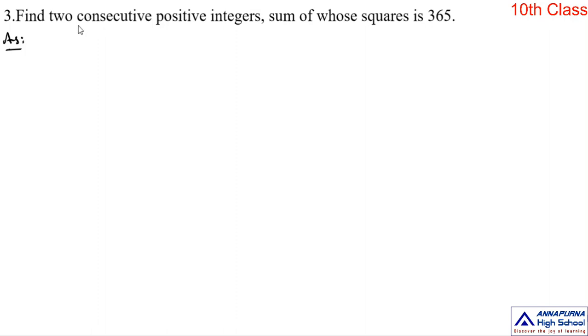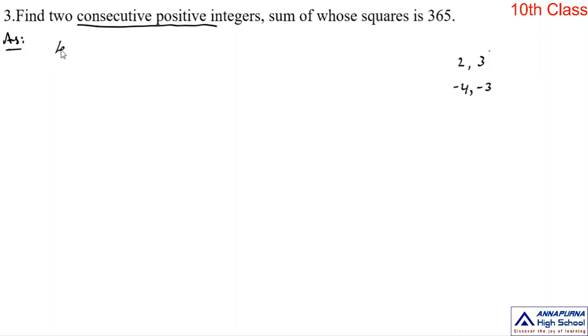Here consecutive positive integers means continuous integers. That means if one integer is 2, then another integer is 3. If one integer is minus 4, then another integer is minus 3. Consecutive means continuous, the next integer.